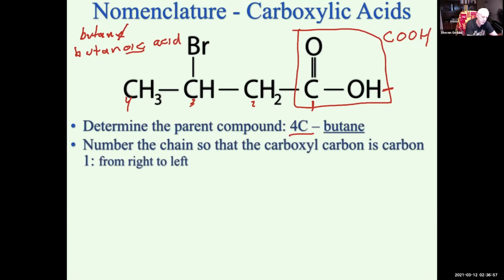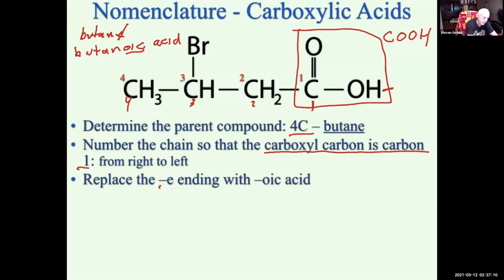Okay, so determine the parent carbon chain, which we said was 4 carbons, and that's butane. We number the chain so the carboxyl carbon is carbon 1, always. So there's 1, 2, 3, and 4, just like we numbered. Drop the E and add OIC acid. This is what we did. So we have butanoic acid, and then we add our substituent.